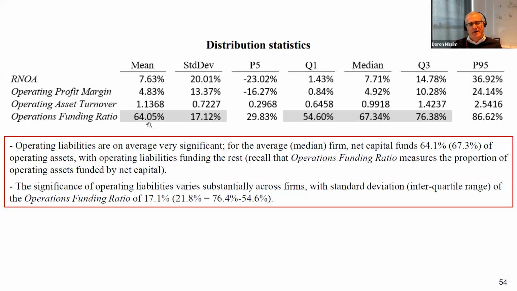On average, it means basically that only 2/3 of the operating assets is funded with capital. 1/3 of the operating assets is funded with operating credit, accounts payable, accrued compensation, deferred revenue, and so on. But there is a lot of variation. This means that by deflating by net operating assets, you're basically ignoring all this variability.